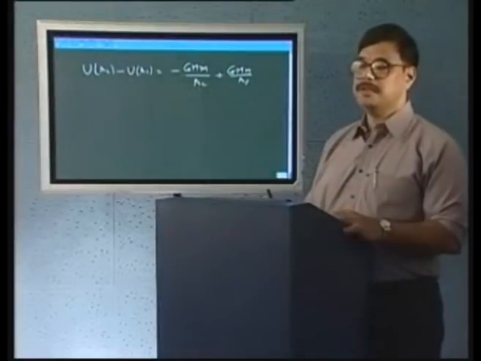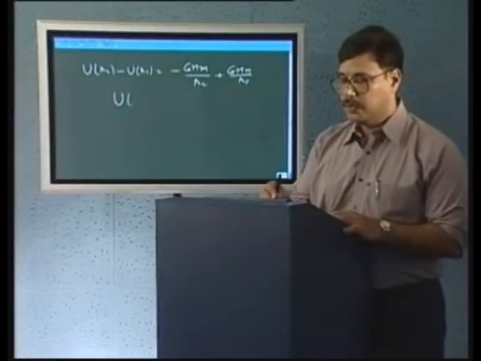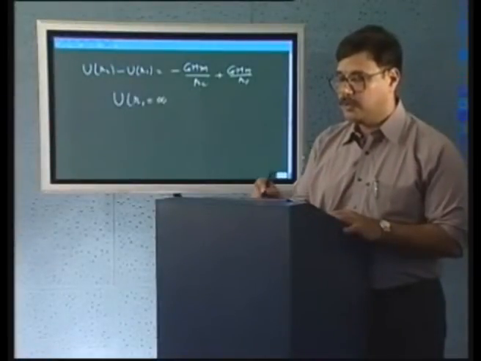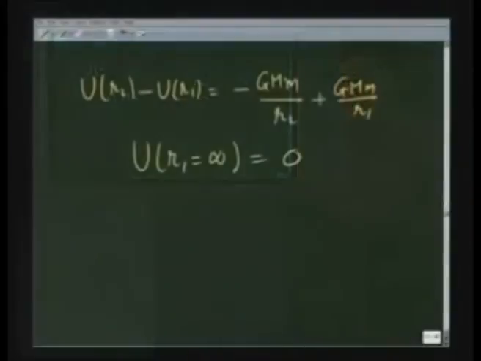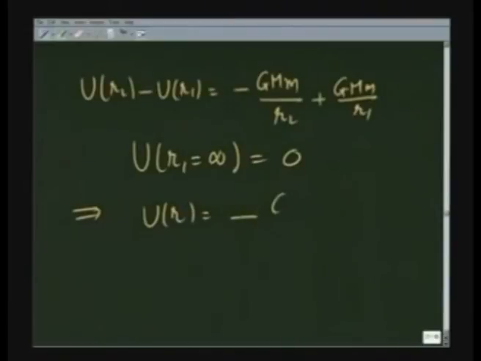In the case of gravitational field, I take the reference point at infinity, so U(r1) at infinity to be 0, and that defines my U uniquely as minus G M m over r.